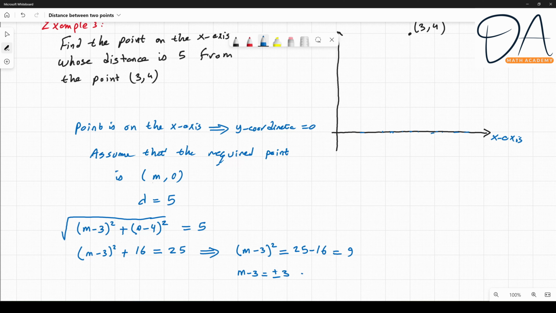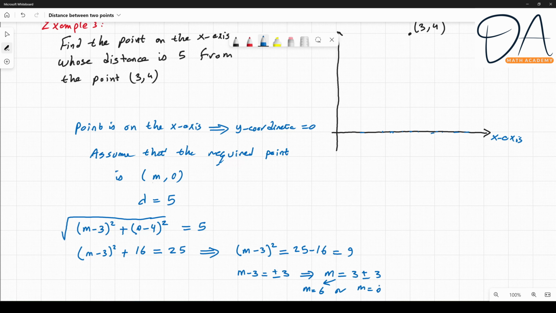And from this, if we add 3 to both sides, we see that m is 3 plus or minus 3. If you take the positive sign, you get 3 plus 3, so m is 6. Or if you take the negative sign, 3 minus 3, m is 0.